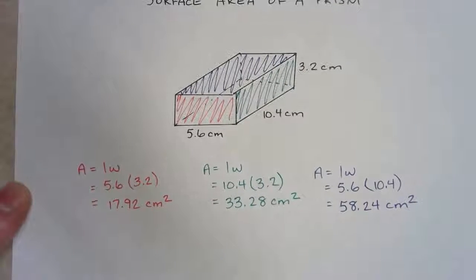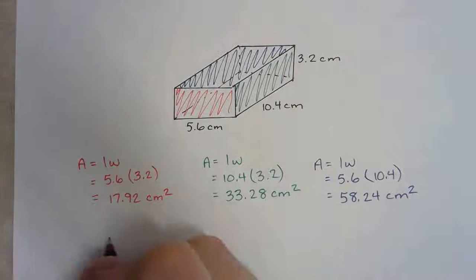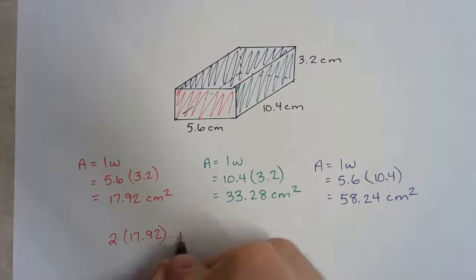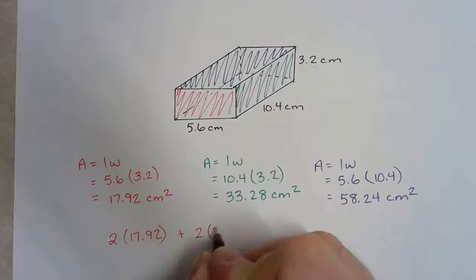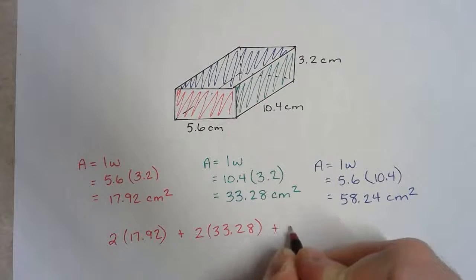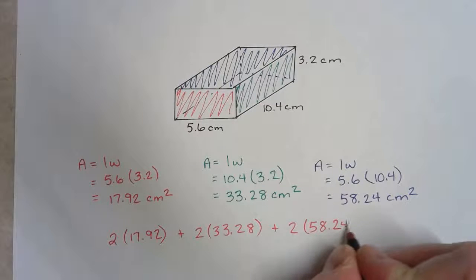So when we write out our surface area formula, we're going to take two red faces, so that will be 2 times 17.92, plus 2 green faces, or 2 times 33.28, plus 2 blue faces, or 2 times 58.24.